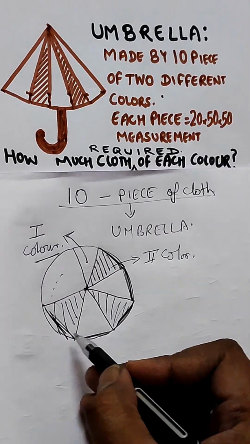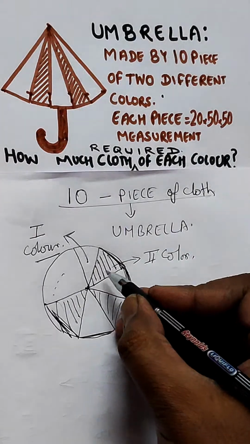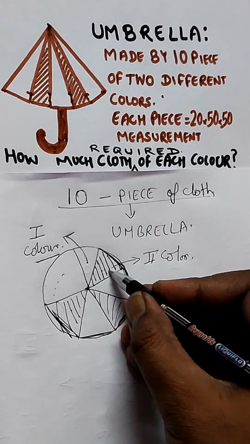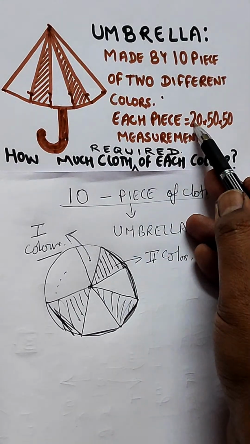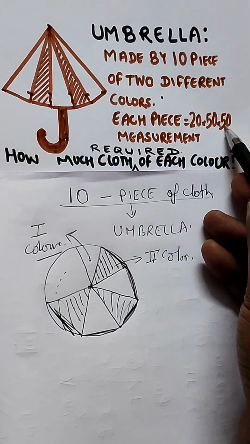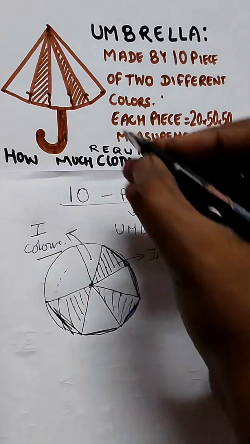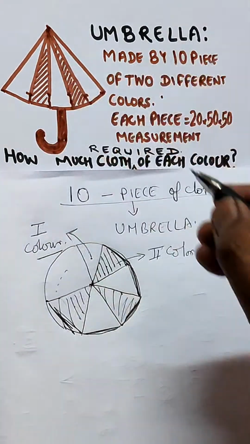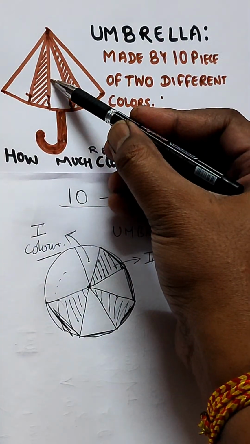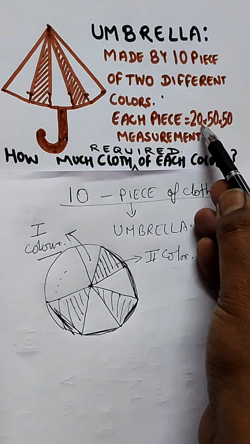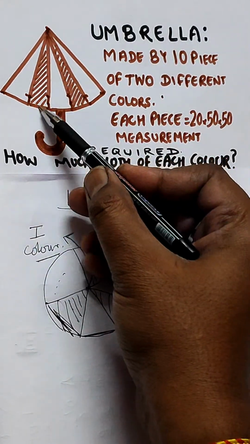right, around this edge. And the sides of each piece are 20, 50 and 50. That means one side, let's say this one is 50, another one is 50, and the last, the smallest side is 20.